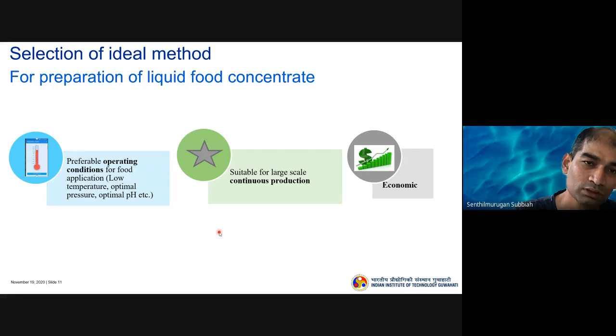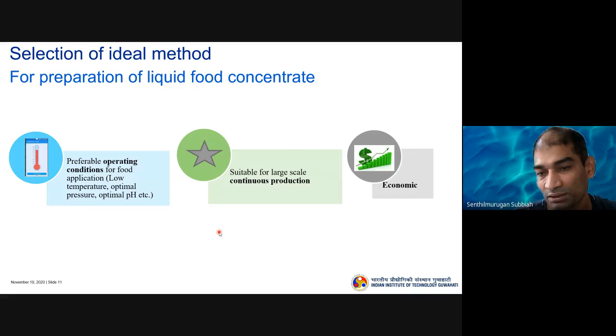If we talk about the ideal conditions for liquid food concentration, the preferable operating conditions are low temperature, optimal pressure, and optimal pH. And suitably, we should be able to go for large scale continuous production. So the process should have the ability to scale up for continuous production.